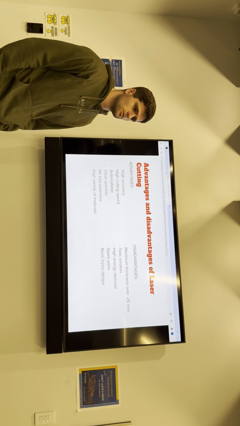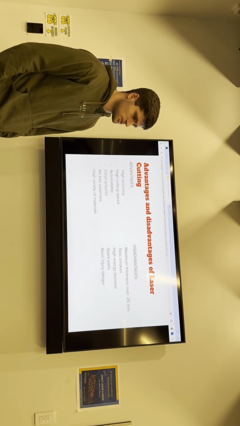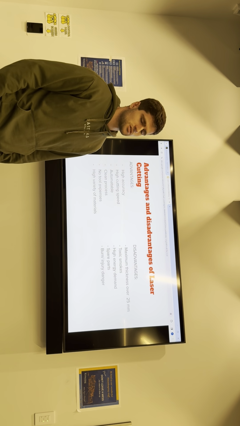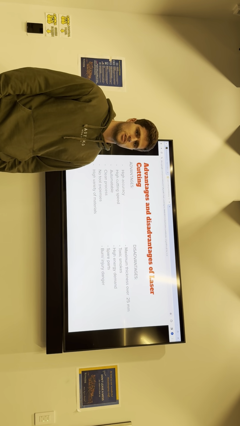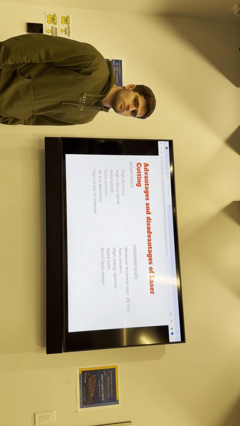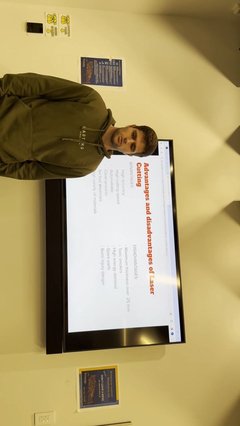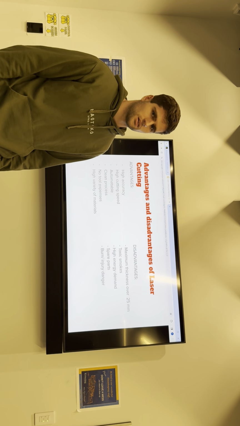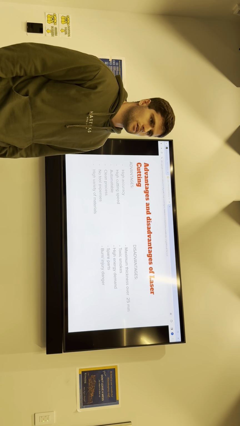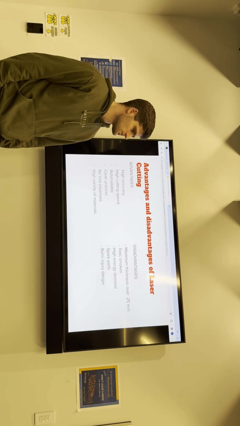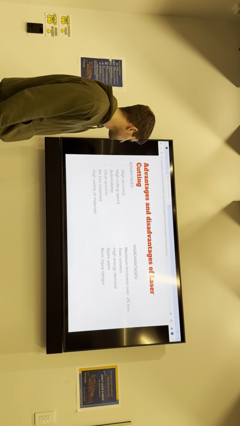It's really easy to make it automatable. And it's a clean process because you don't have lots of wasted material. Also, one of the main advantages of this process is that you don't need a tool, so we are not going to spend lots of money on new tools and spare parts in this case.